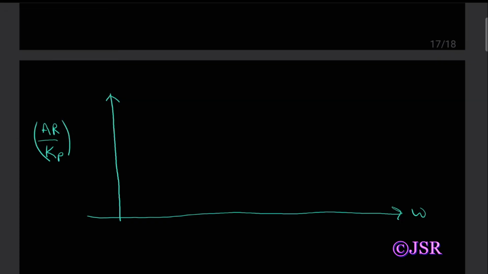Let's say here we have 1, this is 0.1 and 0.01. Here we have 0.01, and here we have 0.1. This is 1, and this is 10.